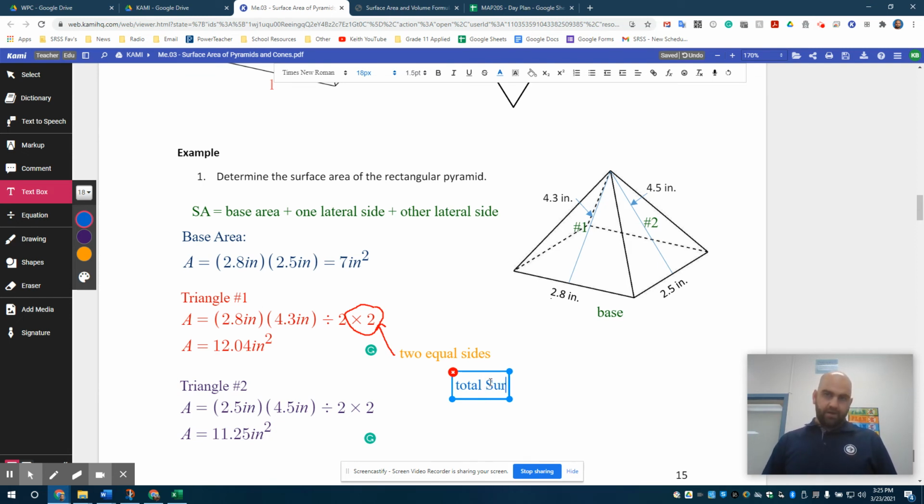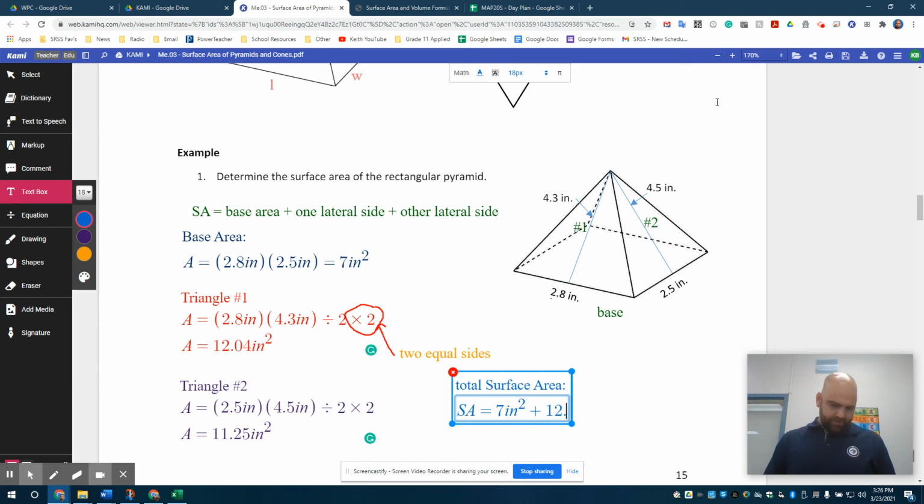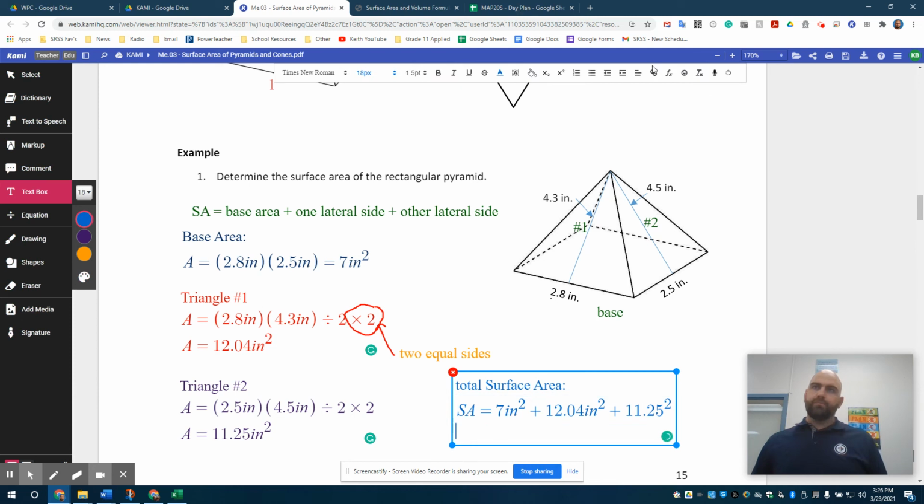So total surface area is equal to 7 inches squared, there's our base, plus 12.04 inches squared, that is our first triangle, plus 11.25 inches squared, that's our second triangle, and both of them.